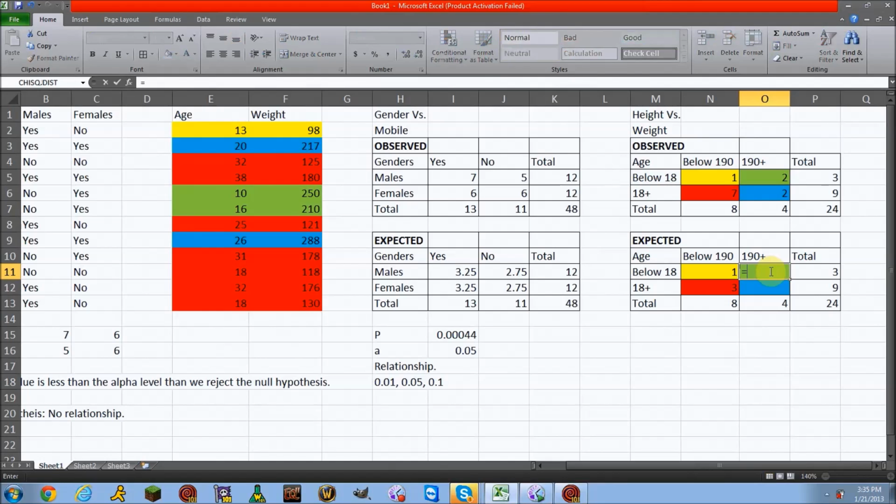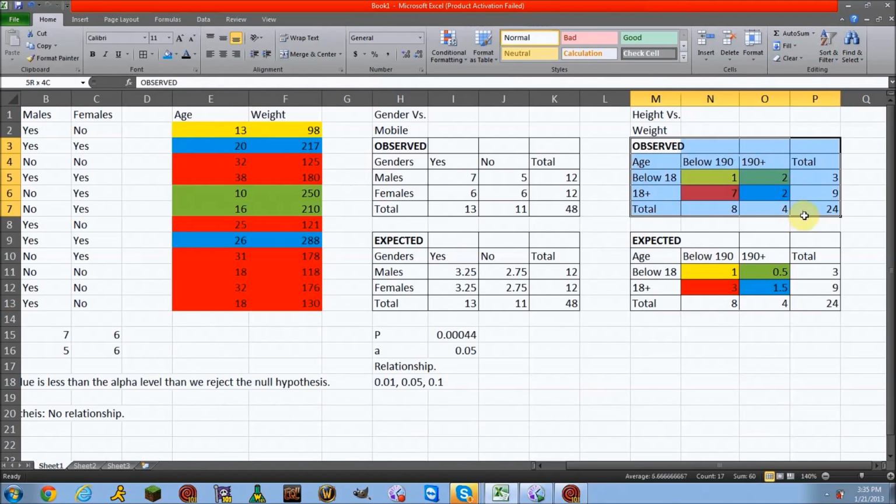Same thing over here, equals that number times that number divided by that number, equals, and then that number times that number divided by that number, equals. So now we have our expected values. Here are observed values, here are expected values.